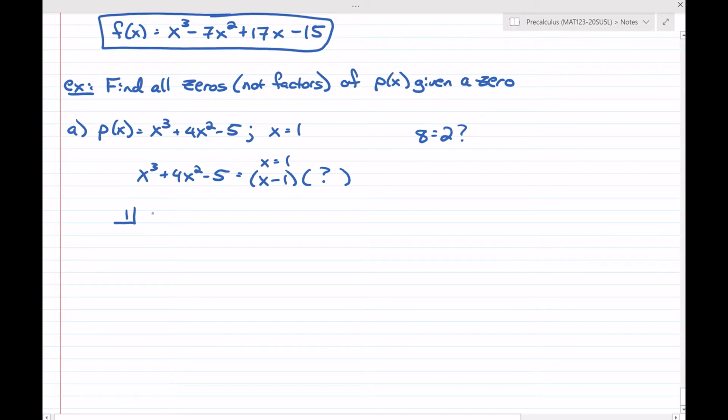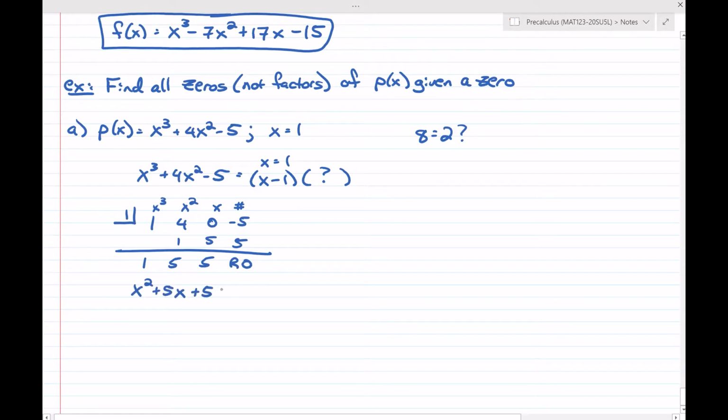And let's see what we get. So we have an x to the third, we have an x squared, we have an x, and we have a negative 5. We just get x squared plus 5x plus 5. That's what it's actually multiplied by. That's our depressed polynomial.